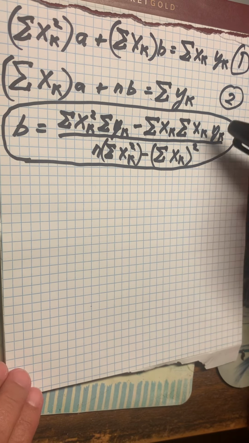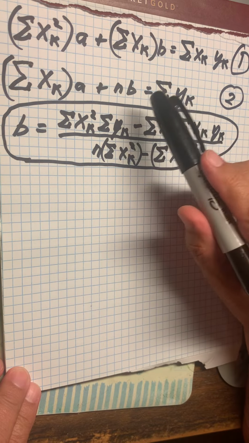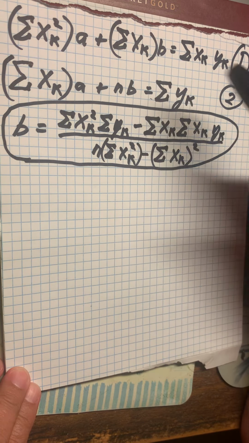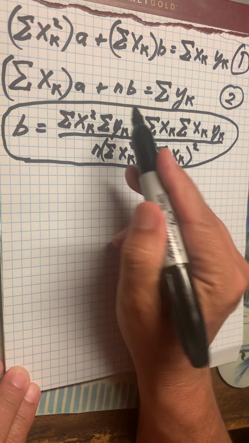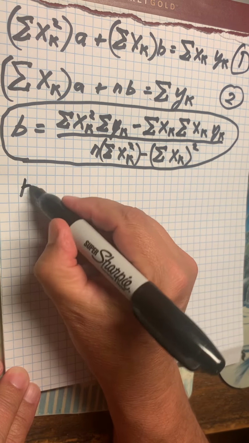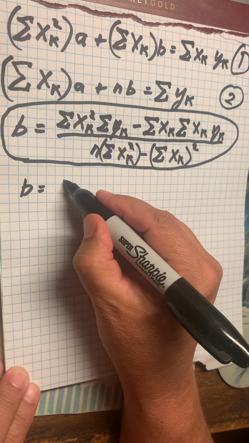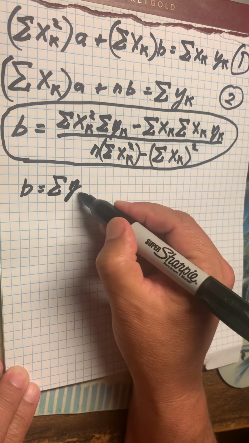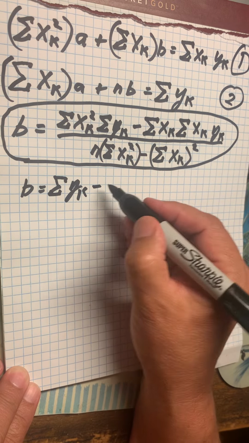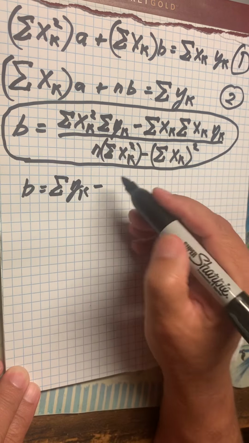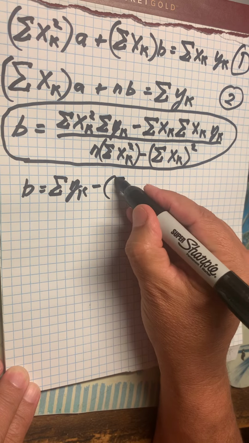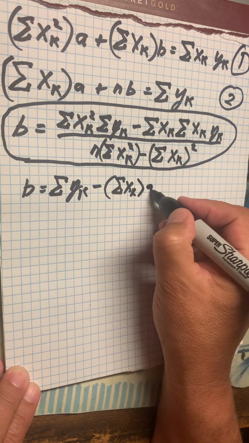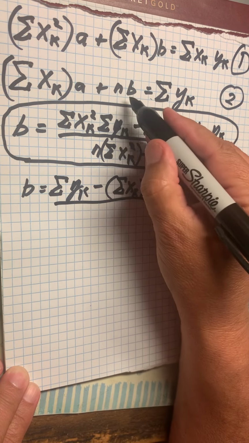Next, we're going to solve the second equation for b, and then plug that into the first equation. So to solve this for b, we'll have b equals the right side of yk, and then we'll move this term over, xk times a, and then all over n.